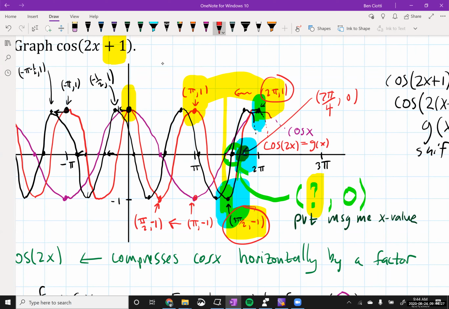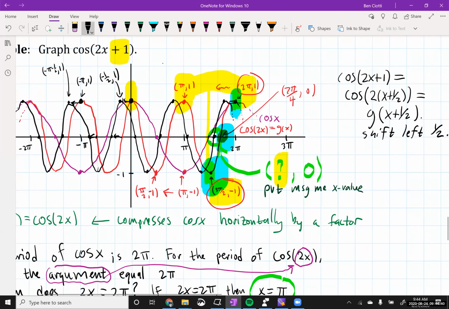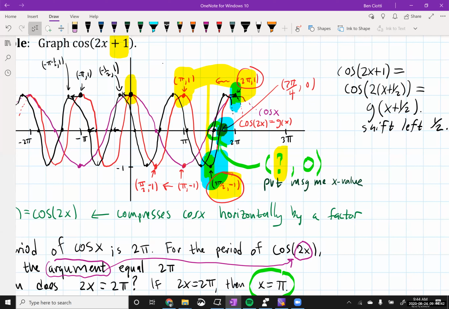But that's on the red graph, and our graph got shifted to the left by a half, so shift that point to the left by 1/2, and what do we get? We get 7 pi over 4 minus 1/2.